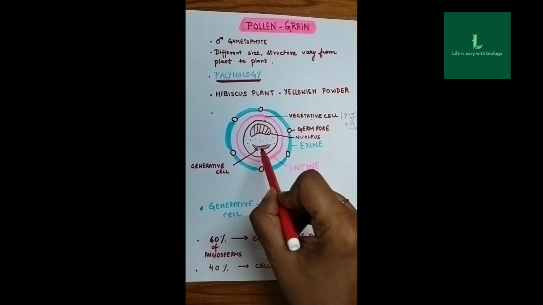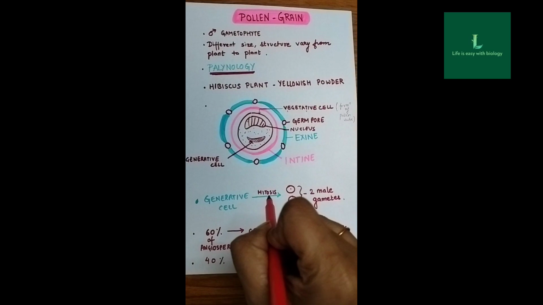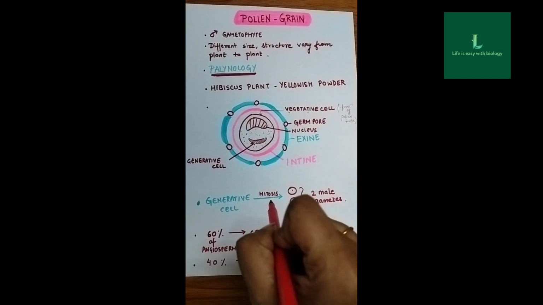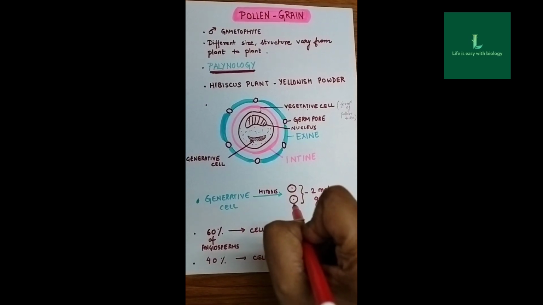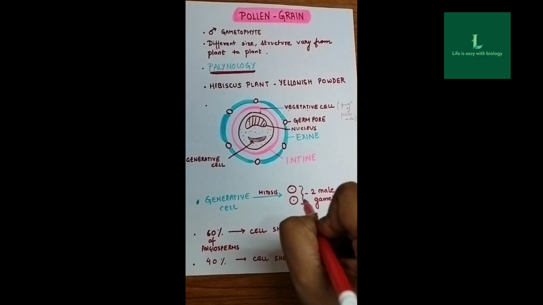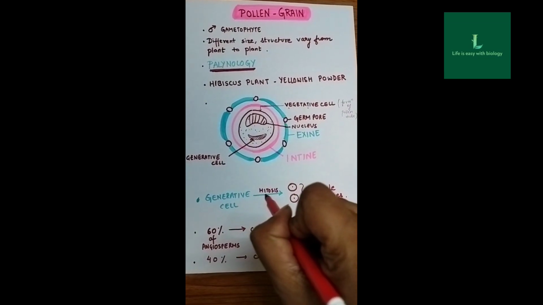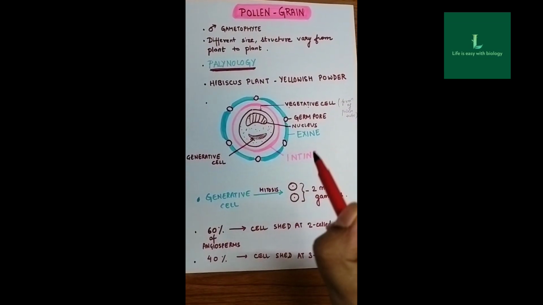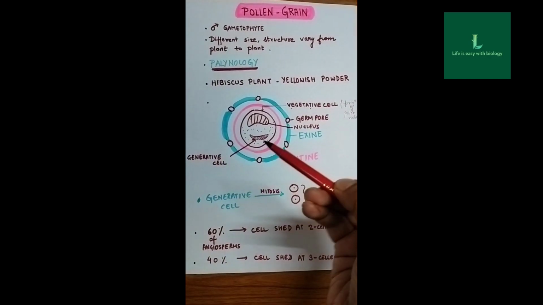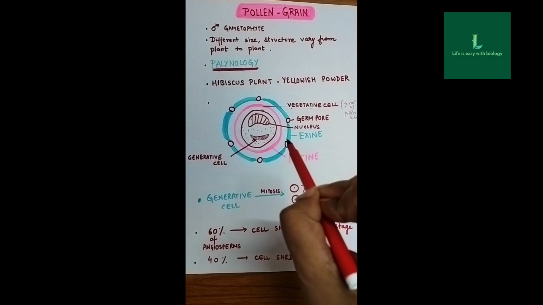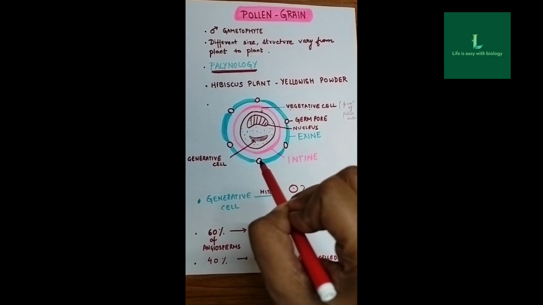This generative cell undergoes the process of mitosis. Mitosis is an equational cell division. So it undergoes mitosis to produce two male gametes. Now you see how the male gametes are produced inside the pollen grain. It is the generative cell which divides by mitosis to produce two male gametes. And on the outer boundary of the exine, which is discontinuous, a circular breakage is seen.